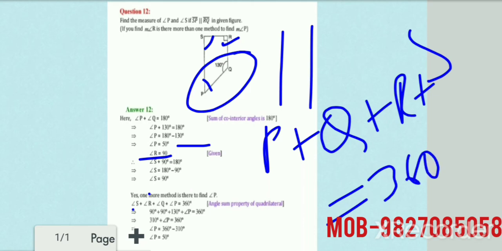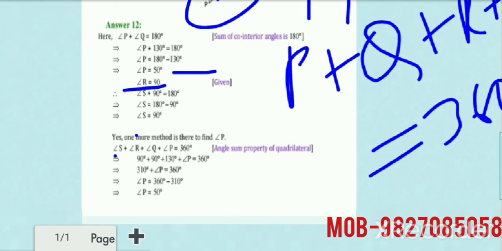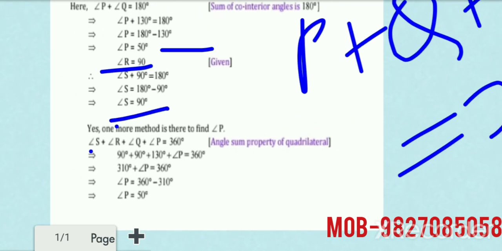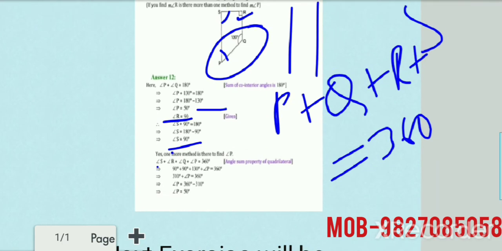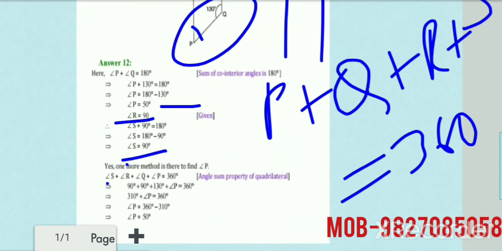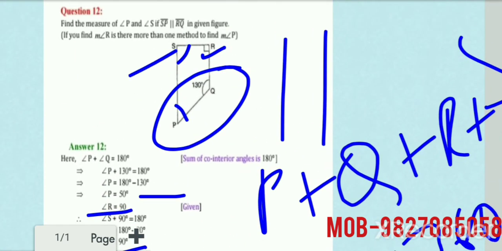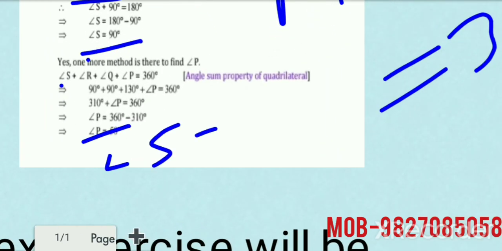Okay, now solve for S. So we got the value of S is 90. No, here the value of P is equal to 50 degrees. Sorry, this is also 50. This is our answer. Angle S is equal to 50 degrees.